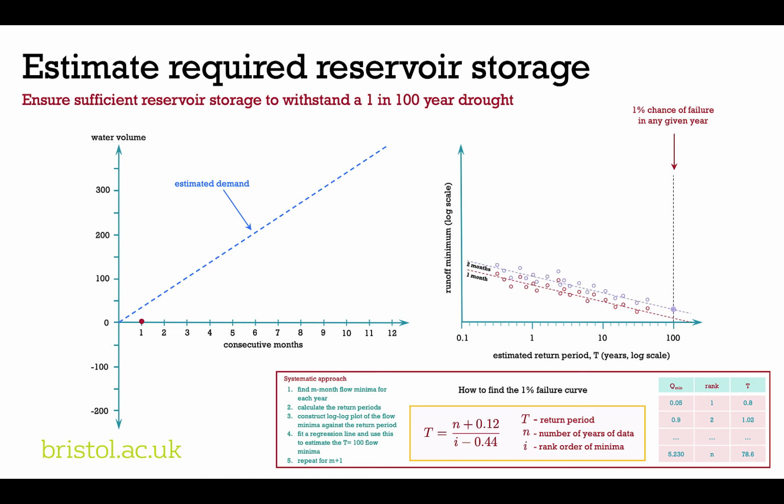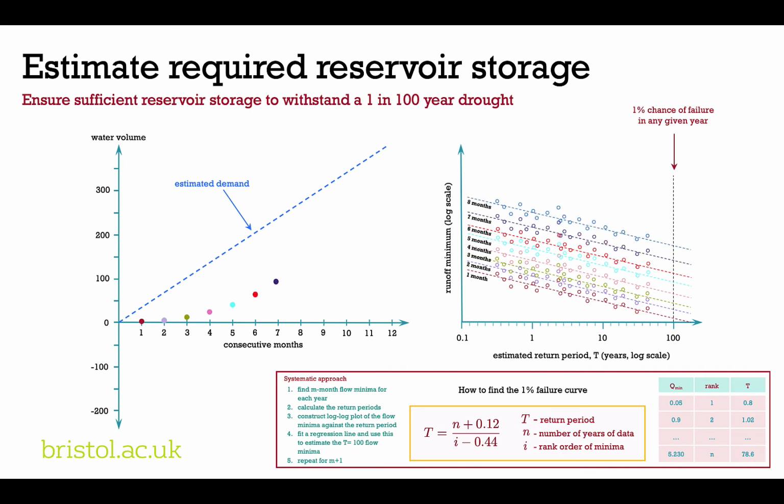You would then do that for your 2 months, and then 3 months, and 4 months, and so on, until such time as you have built up the availability curve for the 1 in 100 year drought event for all of those different time periods.